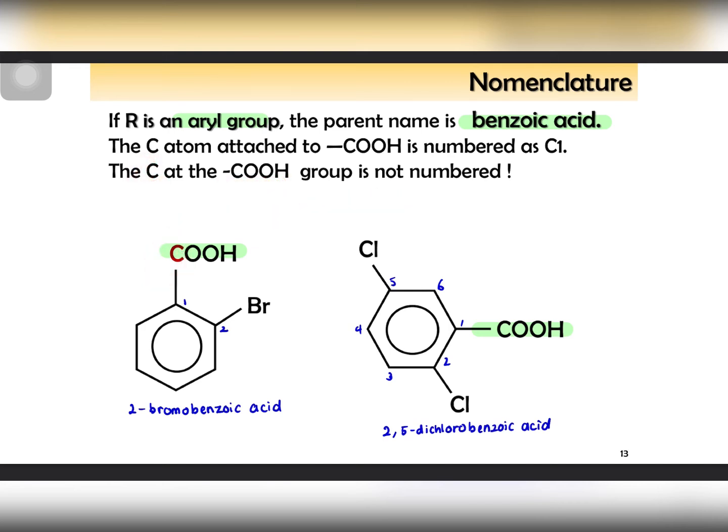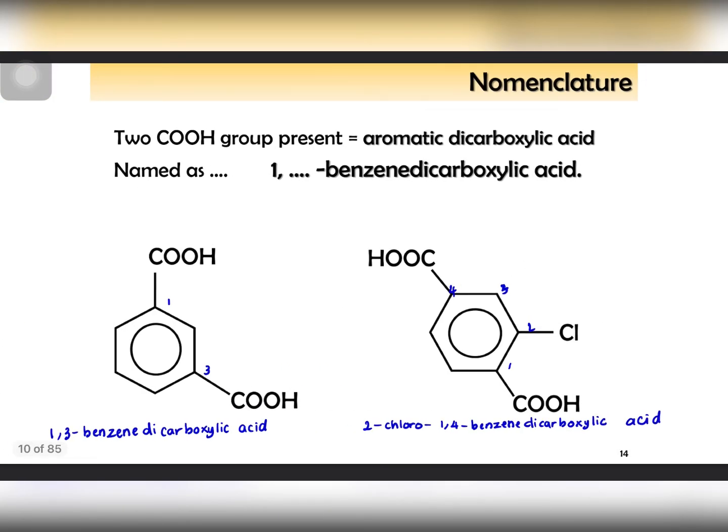Okay, so let's have a look at this example. Dia akan jadi 2-bromobenzoic acid. Next example ini COOH, and ini jadi carbon 1. So dia akan jadi 2,5-dichlorobenzoic acid. Okay, so next you have 2 carboxylic group present at the aromatic compound benzene.